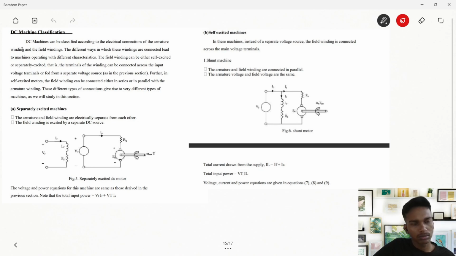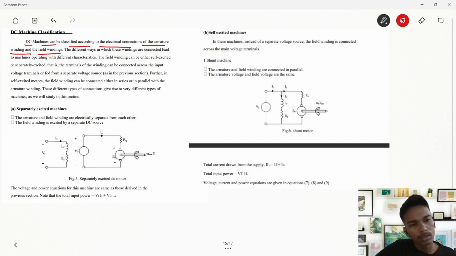First of all, we will discuss some basics on what basis we are going to classify these machines. These machines can be classified according to the electrical connections of the armature winding and the field winding.